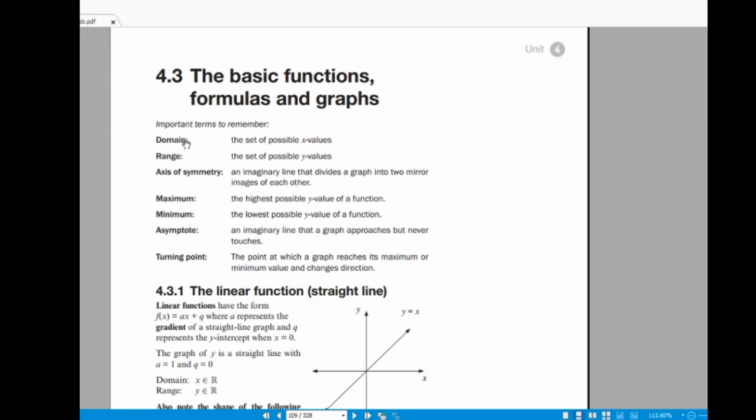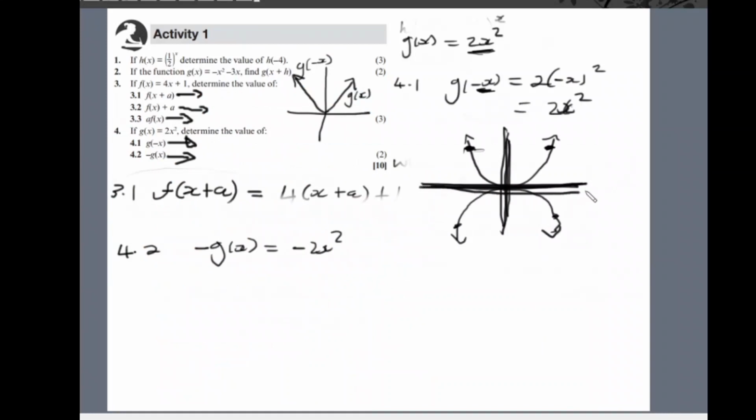Domain, as I explained, is the set of possible x values, right? When you think about the domain, think about the x-axis, and when you think about the range, think about the y-axis, right?